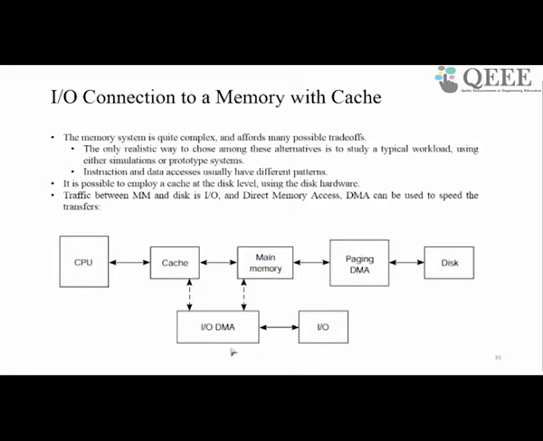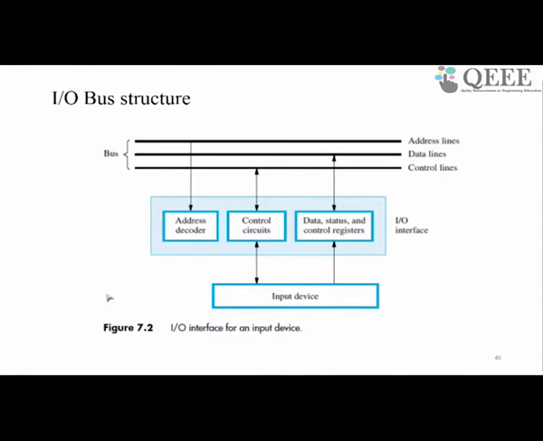For that you use DMA controllers, direct memory access controllers, which can access the main memory and make an interaction between the main memory and the I/O devices directly without the intervention of the CPU. Given a number of I/O devices, first we have to look into how the I/O bus structure is organized.